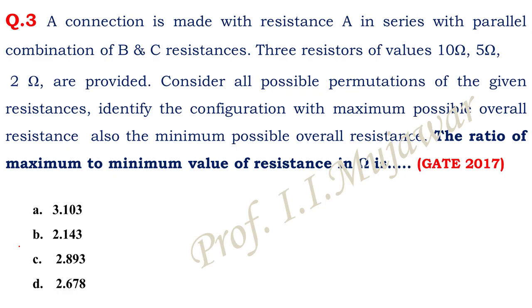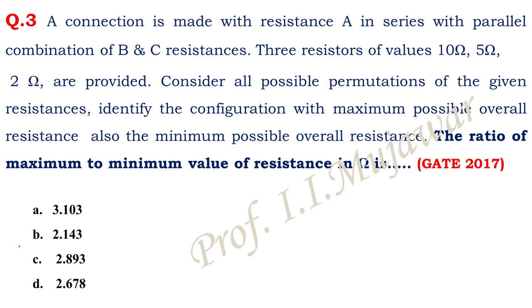Here the problem statement is: a connection is made with resistance A in series with a parallel combination of B and C resistances. Three resistors of values 10, 5 and 2 ohms are provided.